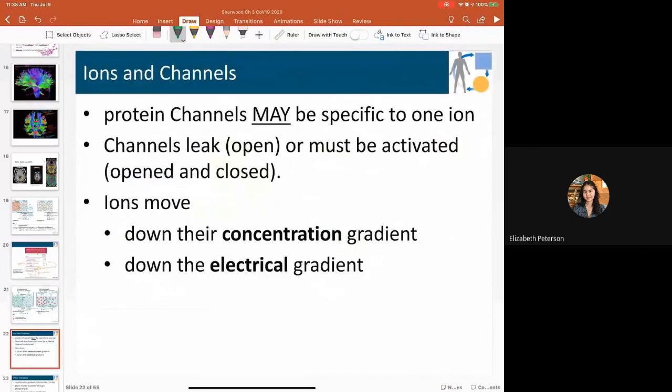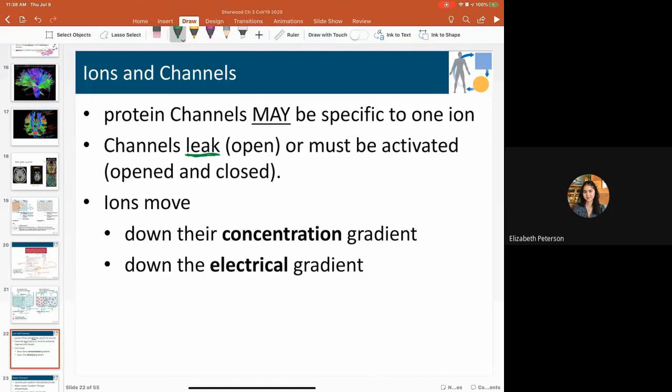So ion channels, potassium, we saw that moves out of the cell. We saw sodium moves into the cell. Chloride also moves into the cell. The movement is just leaky.